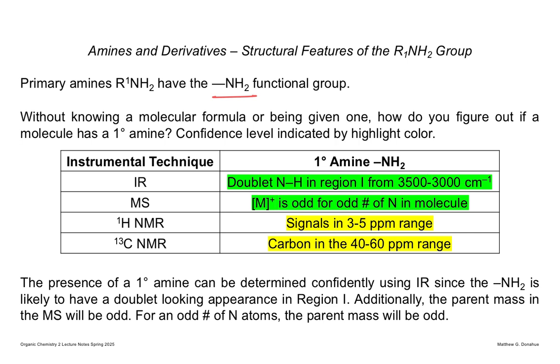For mass spec, if you have an odd number of nitrogens, the parent mass is going to be odd. So that's a strong indicator. Like with ethers, in proton and carbon NMR, if you see signals in these heteroatom regions, coupled with other pieces of evidence, that's how you can clue into whether nitrogen is present or not.